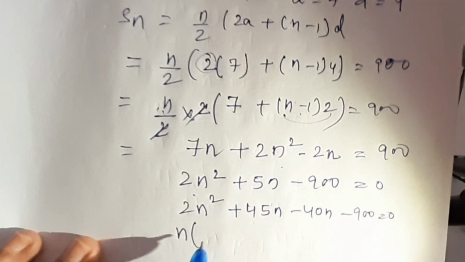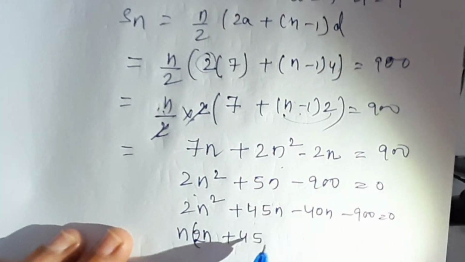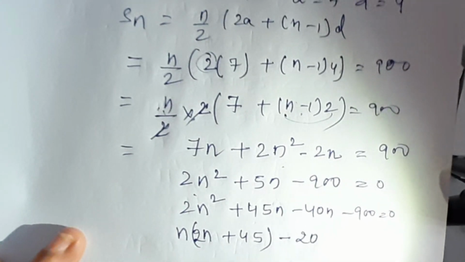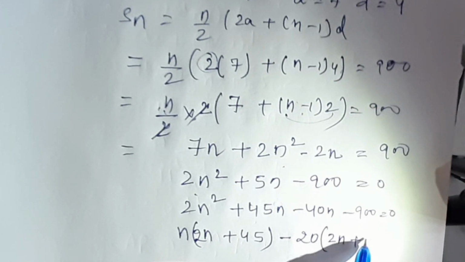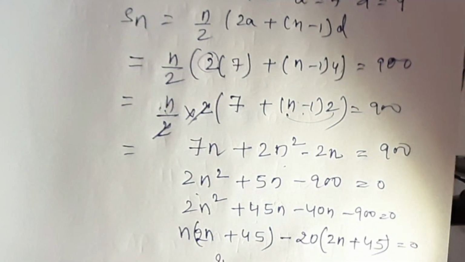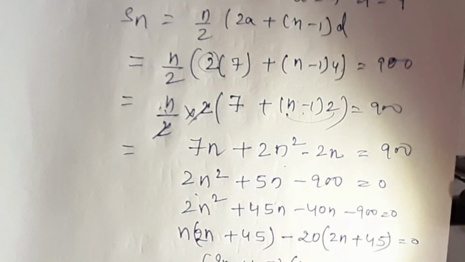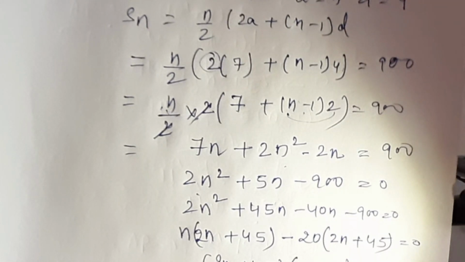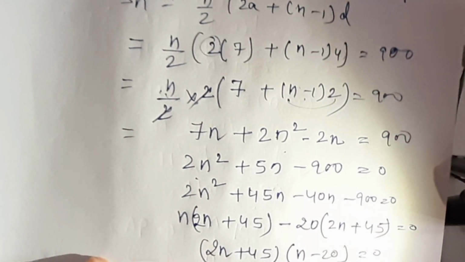Here n can be taken common, n, 2n plus 45 minus 20 taken common. So it's 2n plus 45 is equal to 0. The two factors are 2n plus 45 and n minus 20 is equal to 0. So n will be either minus 45 upon 2 or 20.